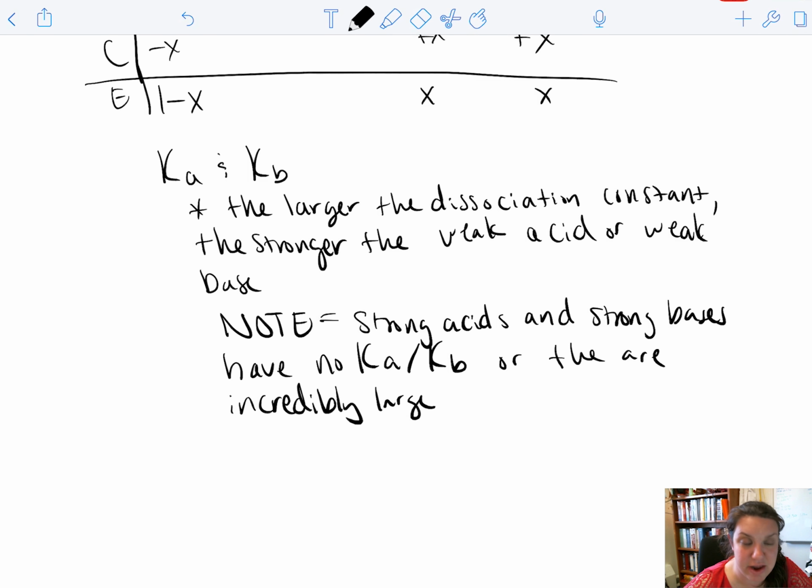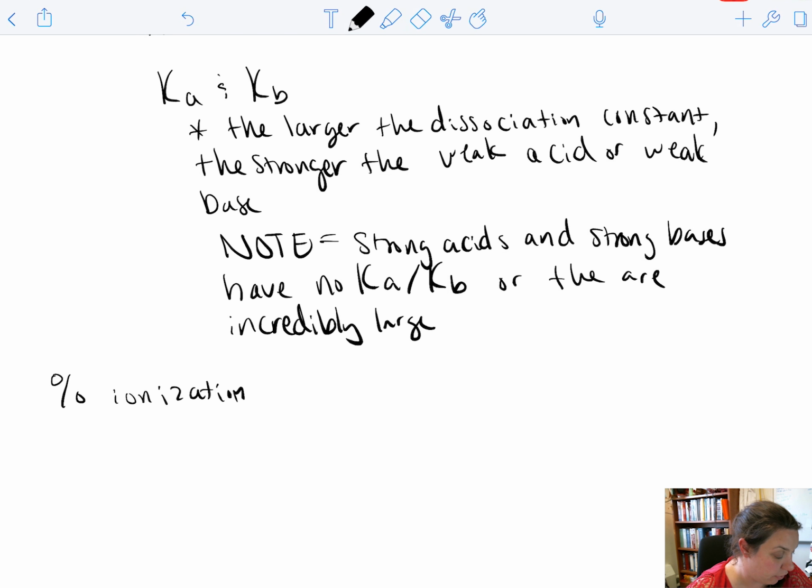So we can look at our Ka and our Kb to determine how strong our weak acid or our weak base is. We can also look at percent ionization. Percent ionization also tells us how strong or weak our acid or base is. I'm just going to do it in terms of acid at the moment.